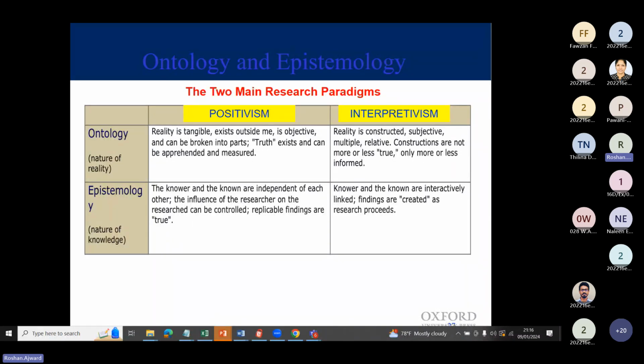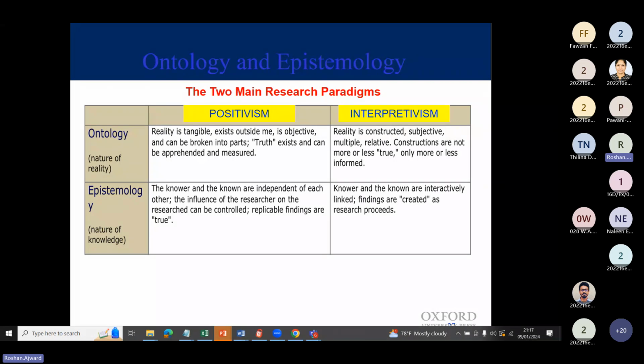Those things are interpreted in different ways by different societies. So under interpretivism, there's no one objective reality. There are multiple realities, and people, the society, create reality. That's the nature of reality. And how do you get to know that? By becoming a part of the research.